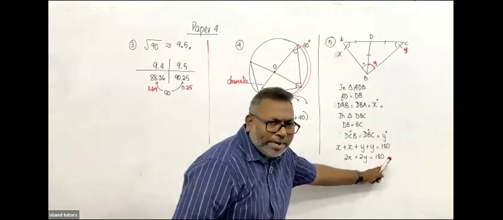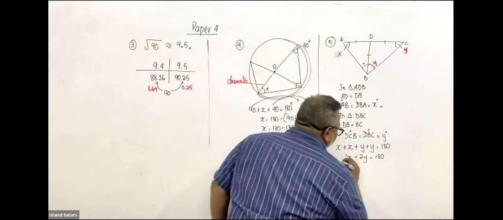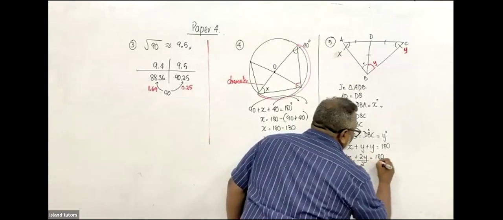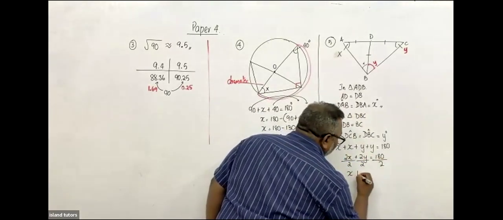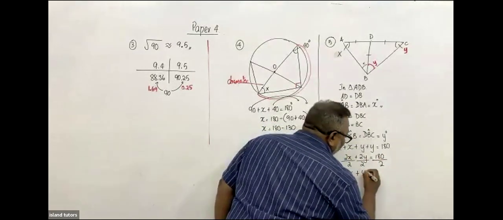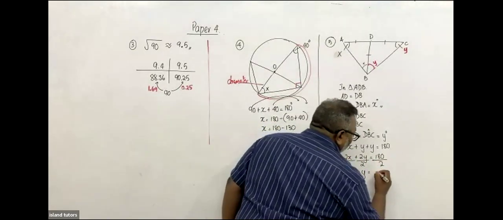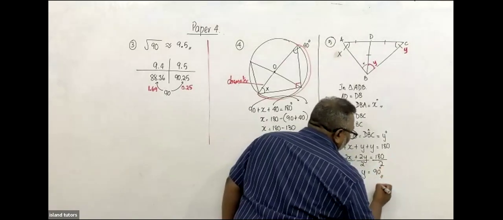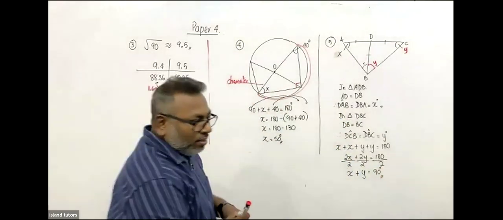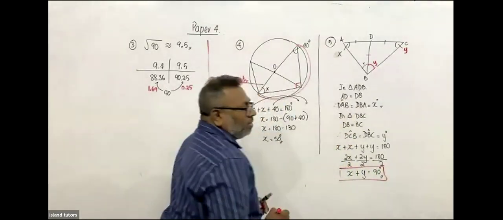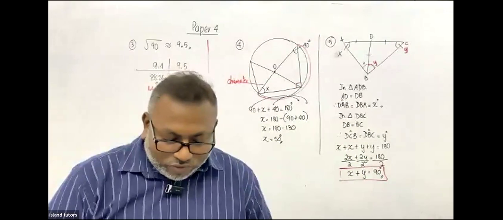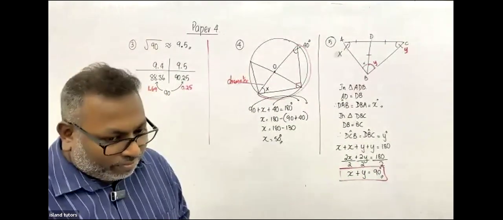All of these you can divide by 2. 2x divided by 2 is x, 2y divided by 2 is y, 180 divided by 2 is 90. So x plus y is equal to 90 degrees. That's your answer for question number 5.